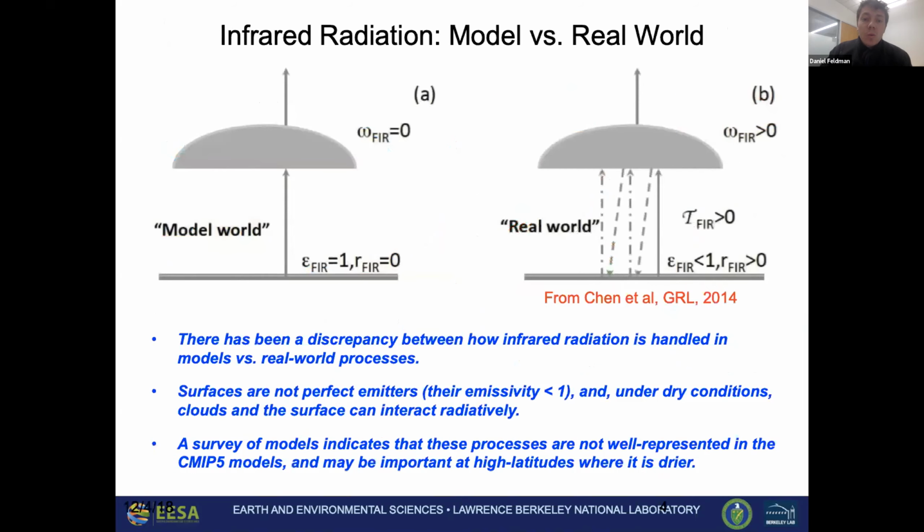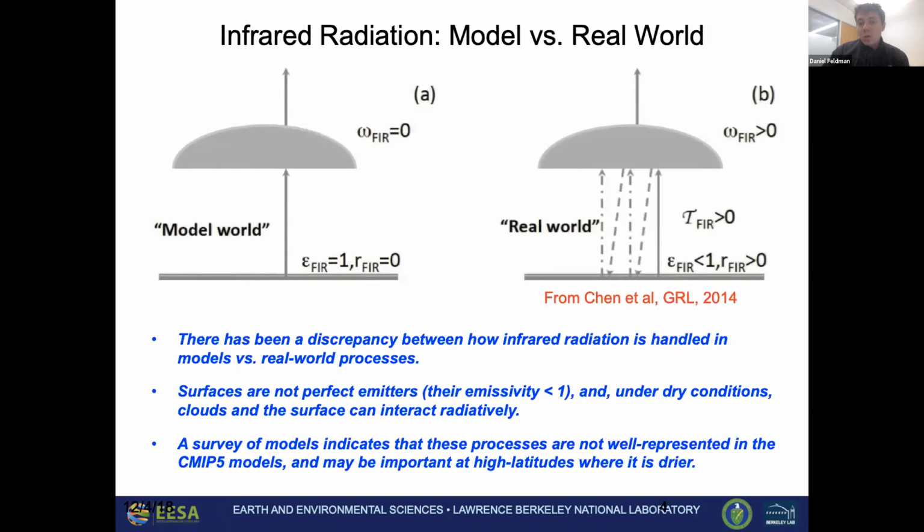So we did a survey a few years ago of a number of climate models and noticed that the way that they were handling infrared radiative processes, especially surface emissivity, the spectrally resolved fraction of the radiation that is emitted that differs from an ideal black body, is not as physical as it could be, as well as longwave cloud scattering.